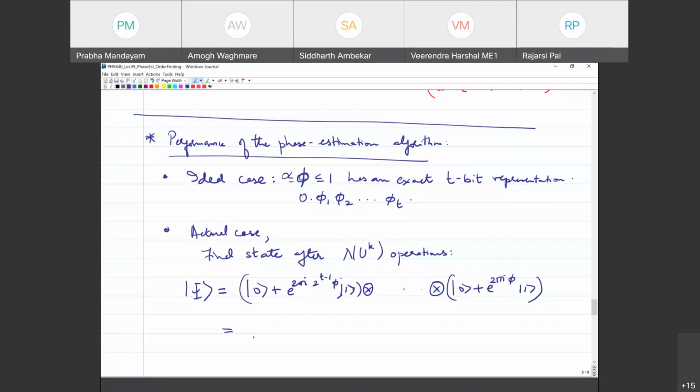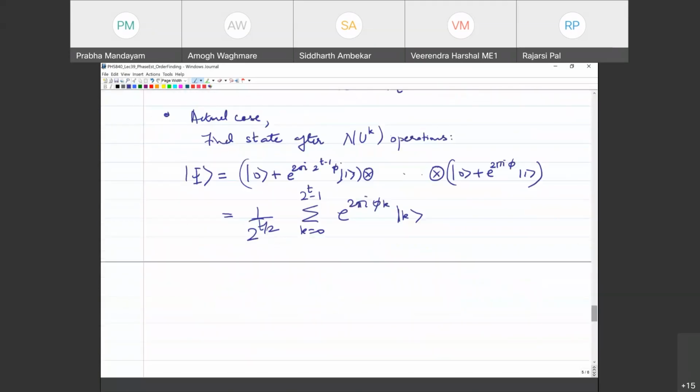I keep going back and forth. So this is 1 over 2 to the t by 2, sum over k going from 0 to 2 to the t minus 1, e to the 2 pi i phi k, ket k. So this is some weighted superposition of all these t qubit basis states.